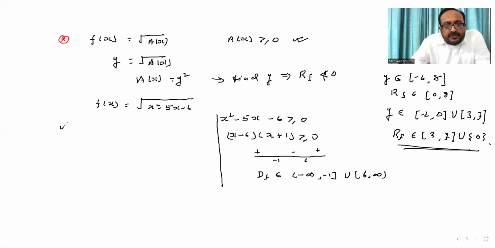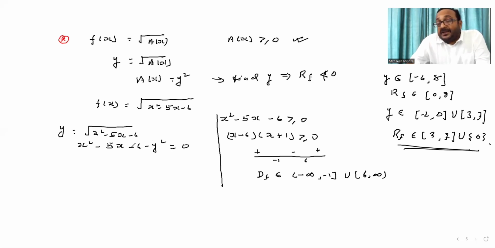So y is equal to the square root of x square minus 5x minus 6. Squaring both sides, x square minus 5x minus 6 minus y square should be equal to 0.